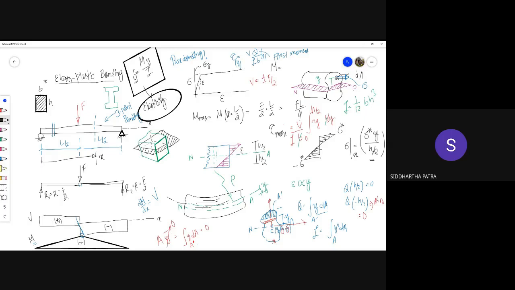Whether you look in the left or in the right, shear force is a constant, and because of that, tau max only needs to be calculated across a section. Tau max for this section is also the tau max for this section, because it is not changing with x. It would only be the maximum stress in a given section. So can you evaluate tau max?